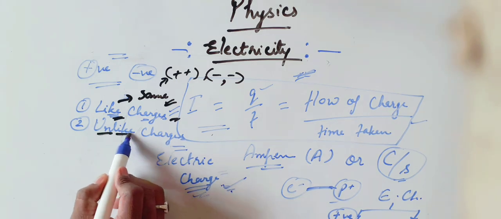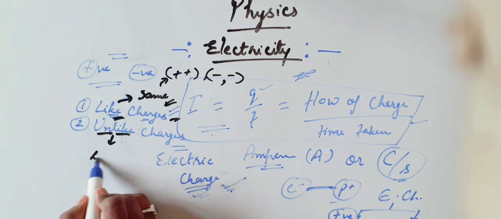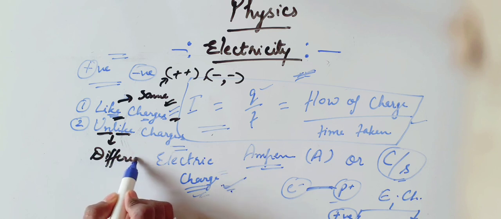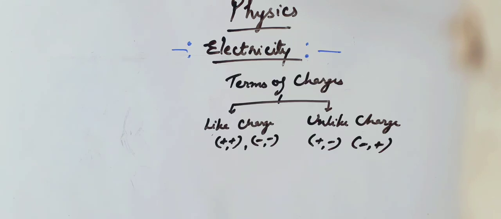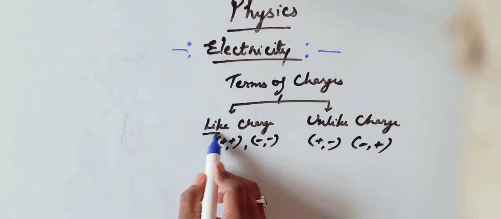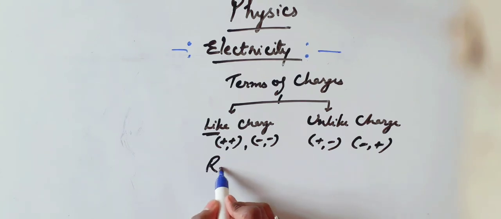And unlike means different. So different types of charges are known as unlike charges, such as positive negative, or negative positive. So there are two terms of charges, like charge and unlike charge. So guys, here like charges always repel each other.